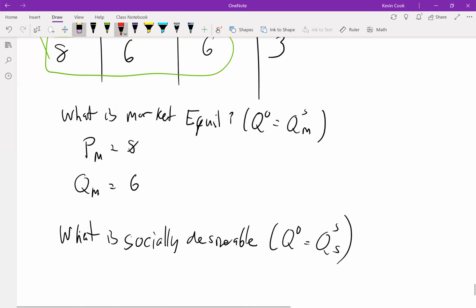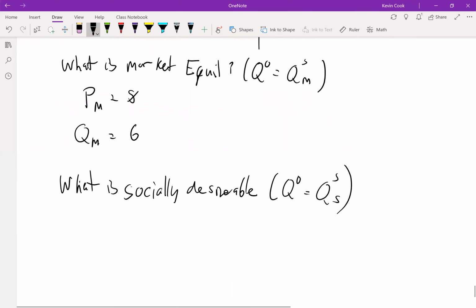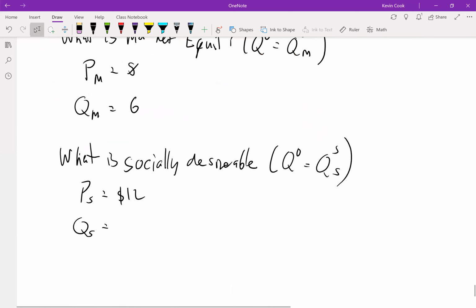So our social price will be 12, and our socially desirable quantity will be 4. So again, price went up, quantity went down. And that's really what we'd be looking for in that bit.